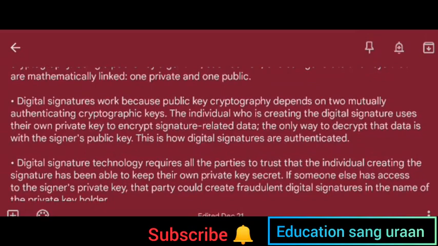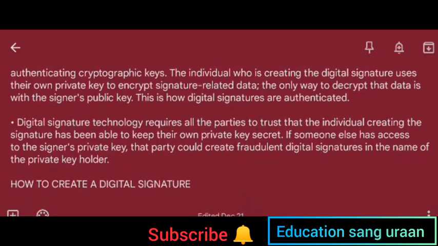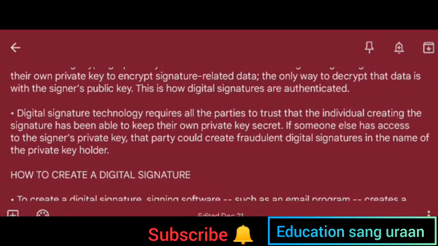Digital signatures work because public key cryptography depends on two mutually authenticating cryptographic keys. The individual who is creating the digital signature uses their own private key to encrypt the digital signature related data. The only way to decrypt the data is with the signer's public key. This is how digital signatures are authenticated.